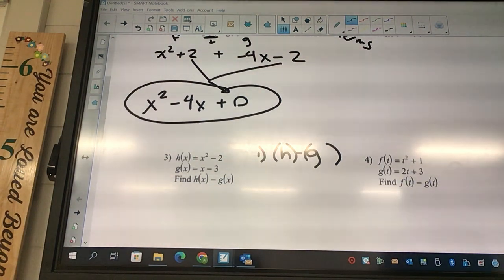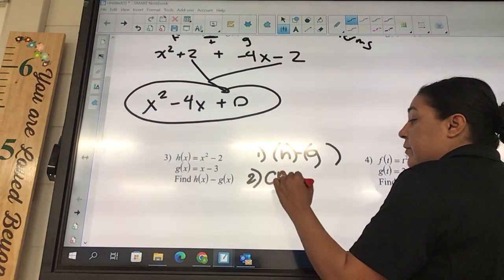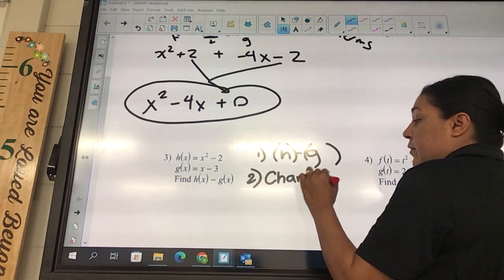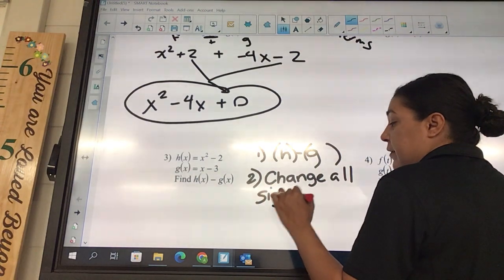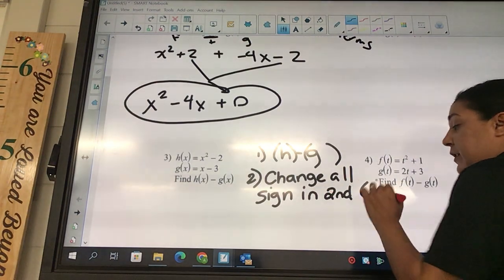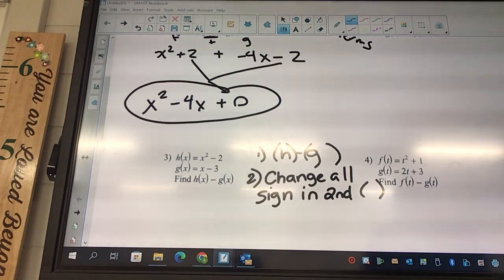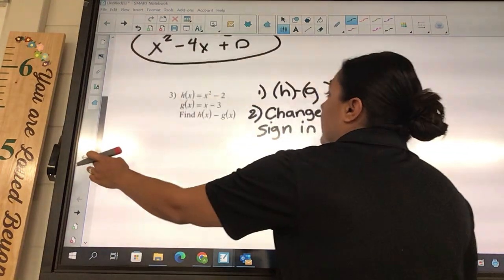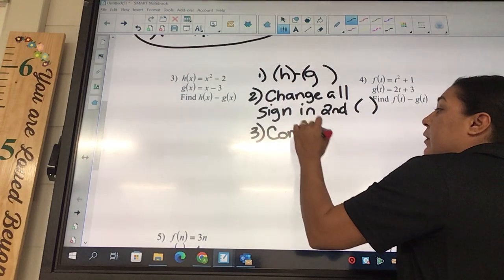Your second step is going to be to change all the signs in the second parentheses. And then lastly, combine your like terms.